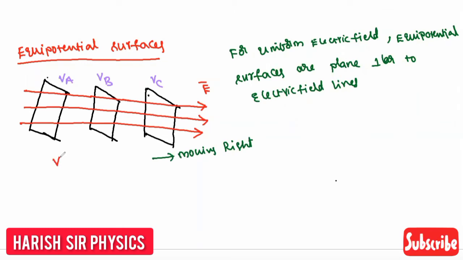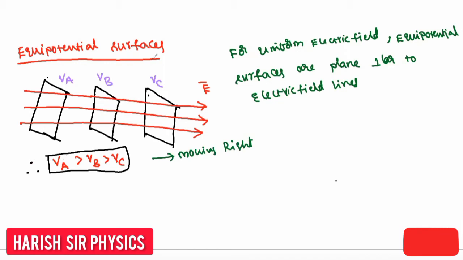So the potential at point A is greater than at point B, which is greater than at point C. This is a very important point: electric field lines travel from higher potential to lower potential. So VA is greater than VB is greater than VC.